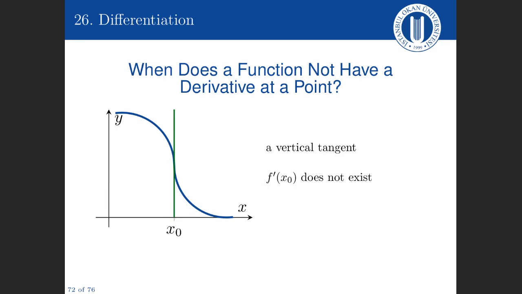If we have a vertical tangent, if we try to calculate the limit like this, the limit would be equal to minus infinity. Whenever we have a vertical tangent like this, the derivative does not exist. If we have a discontinuity at x0, then the derivative does not exist. A different type of discontinuity, again, for this type of discontinuity, the derivative does not exist.